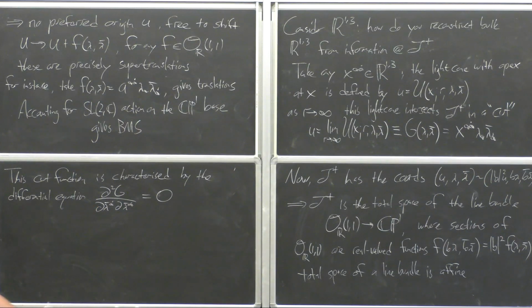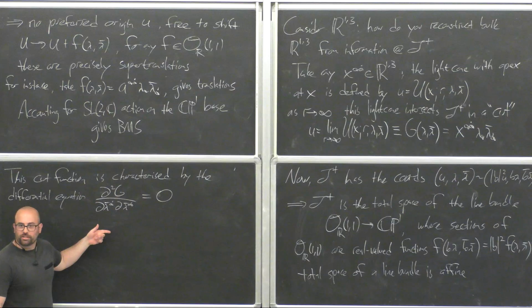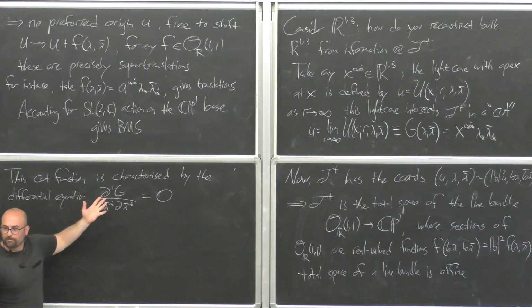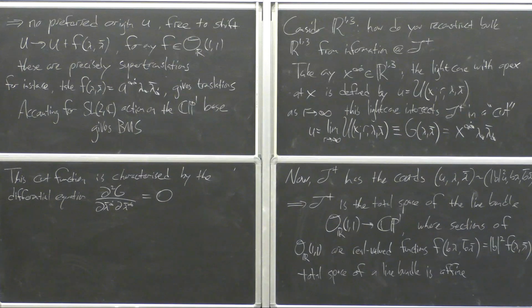The thing has to be a linear function of λ bar. And I could also have written the complex conjugate equation, but I get that for free once I write this one because the thing's real valued, right? So cut functions that look like this are in one-to-one correspondence with solutions of this differential equation, okay?